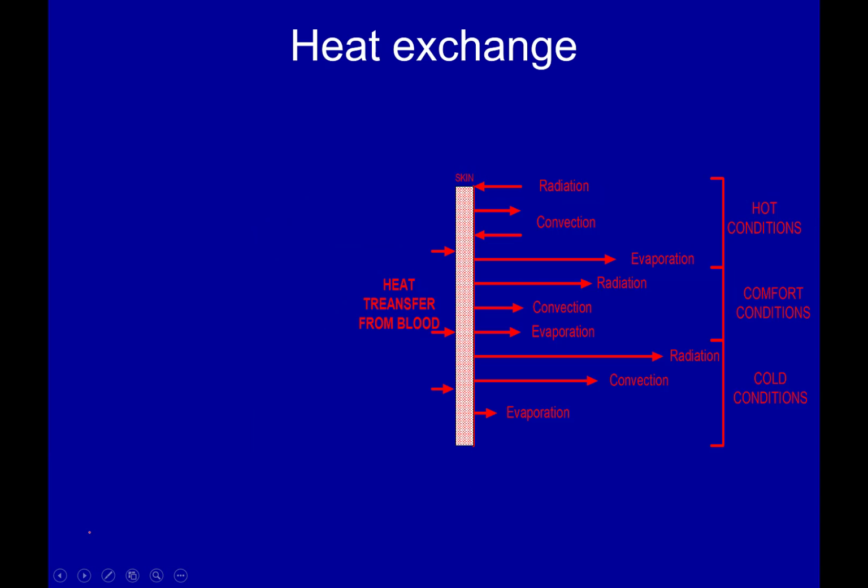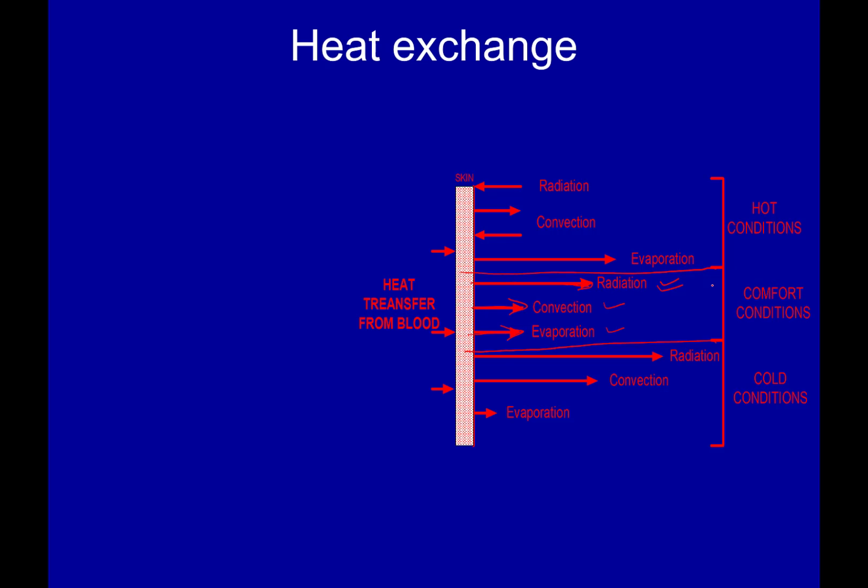Now the second section is this, okay, where comfort conditions apply. In comfort condition, mainly the heat loss is by radiation to the surrounding, and heat loss is by convection, and heat loss is by evaporation. So radiation is the main source of heat loss.